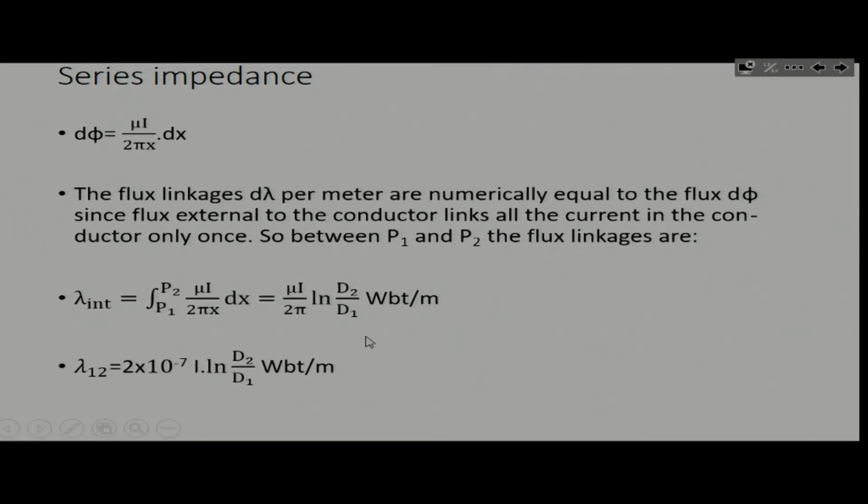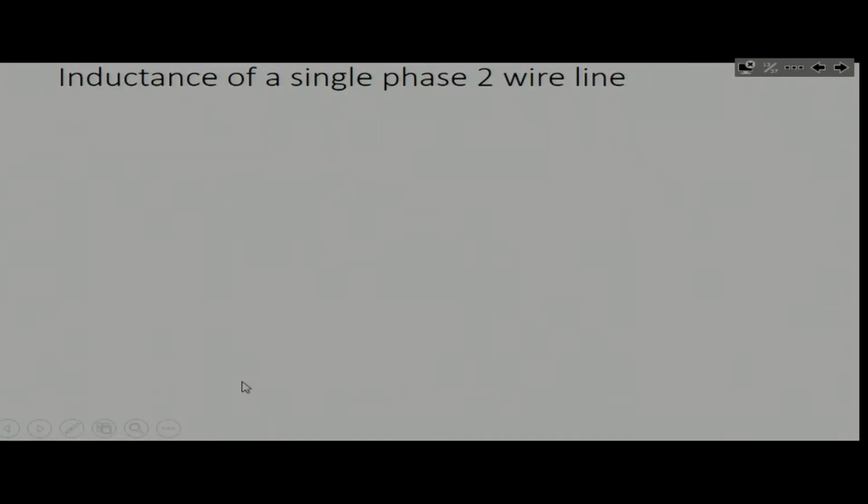And lambda 1,2 is 2 times 10 to the power minus 7 times I ln D2 over D1. Okay, that proof you must know by heart.